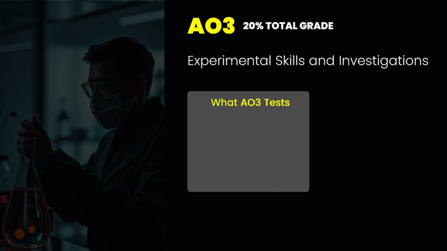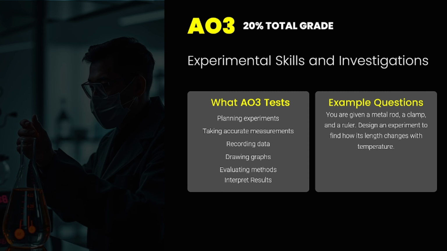Here's what AO3 is all about: planning experiments, taking accurate measurements, recording data clearly, drawing and interpreting graphs, evaluating methods and identifying errors. For example, an example task of AO3: you are given a metal rod, a clamp, and a ruler.